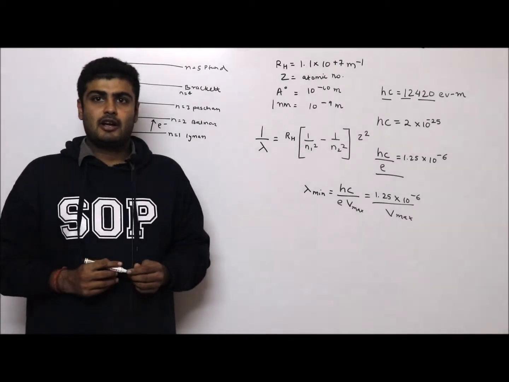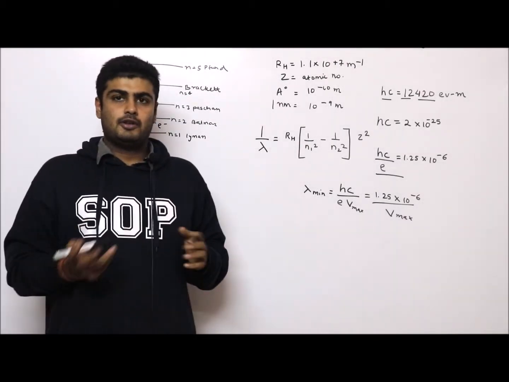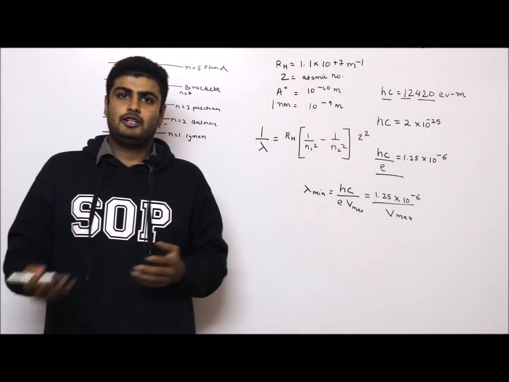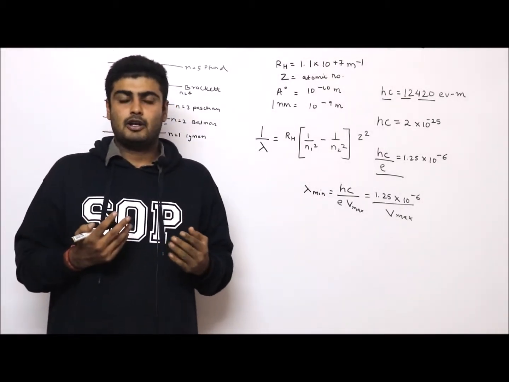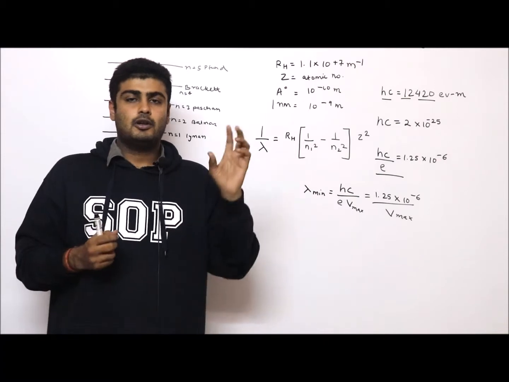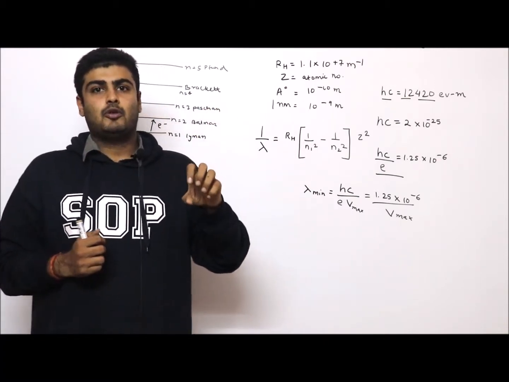The next thing we are going to do is find the formulas for radius, energy, frequency. We are not going to learn the full formulas, only the directly applicable ones.